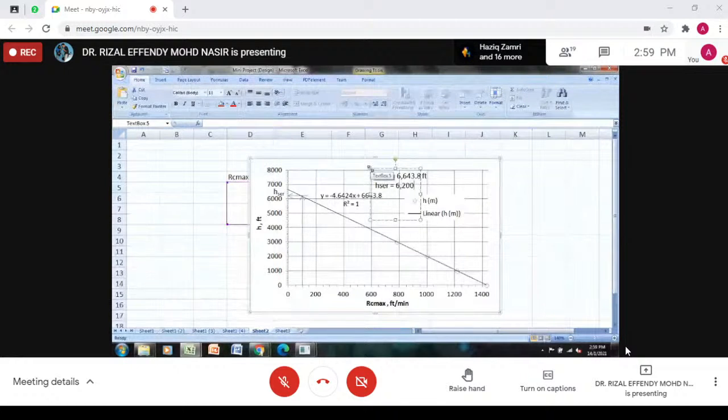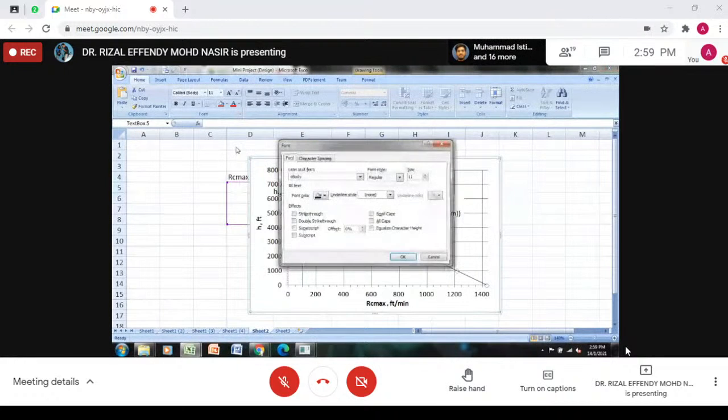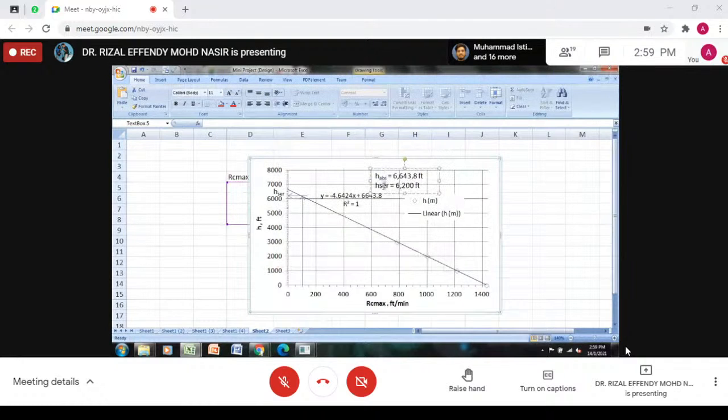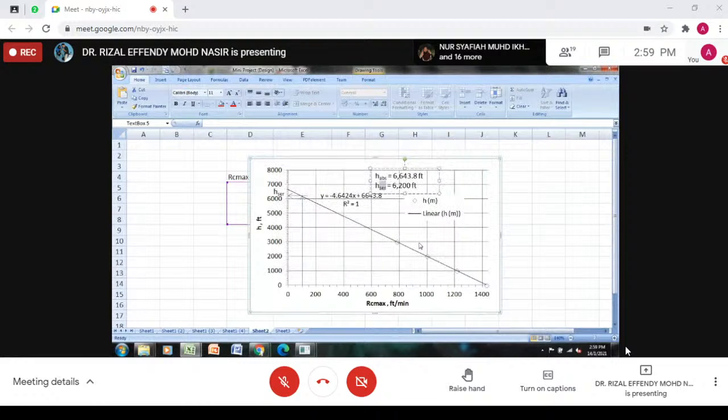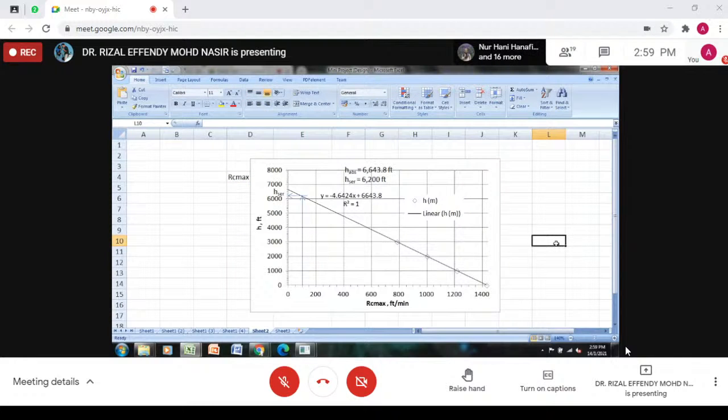Okay. Okay. We save. So you can see that ini kita dah sampai di punya service ceiling.